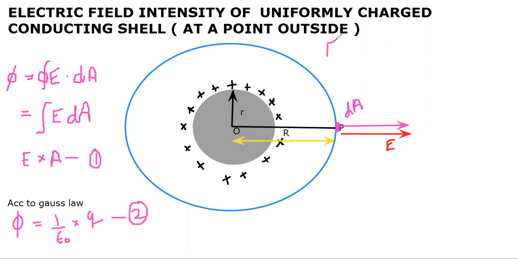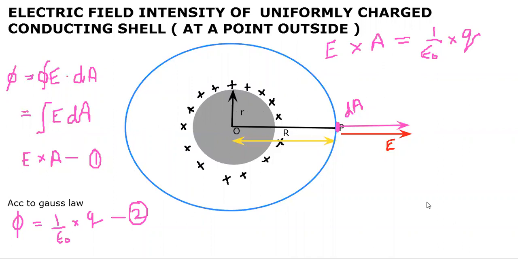So I can write E into A is equal to 1 by epsilon naught into Q. Now let's talk about this area. This area is representing the whole area of the sphere. Which sphere? That blue circle one. The radius is capital R and the total surface area of a sphere is 4 pi r square.